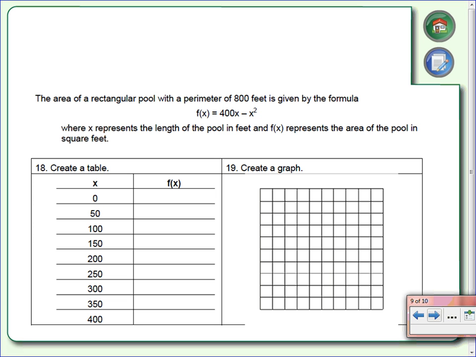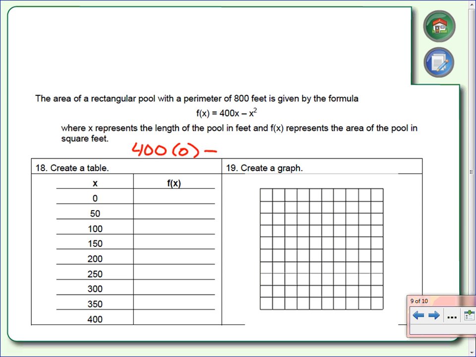What we're going to do first is plug in a 0 for the x's in our function. So in your calculators, you're going to type in 400, parentheses, 0, close it up. All we're doing is taking out the x and replacing it with a 0.